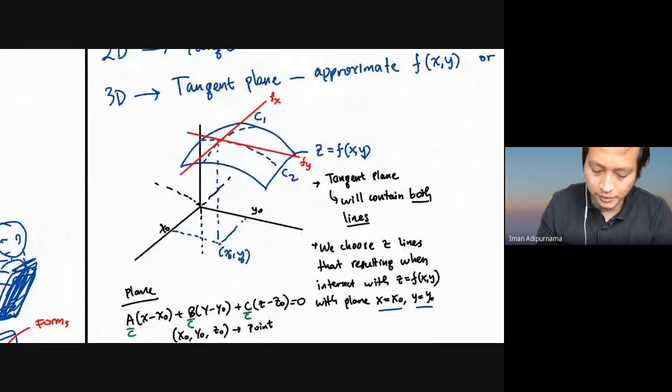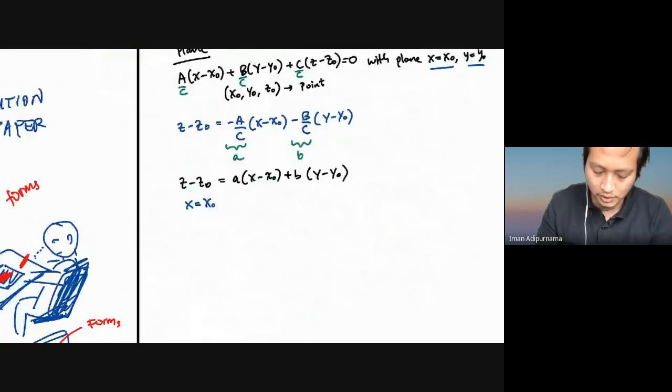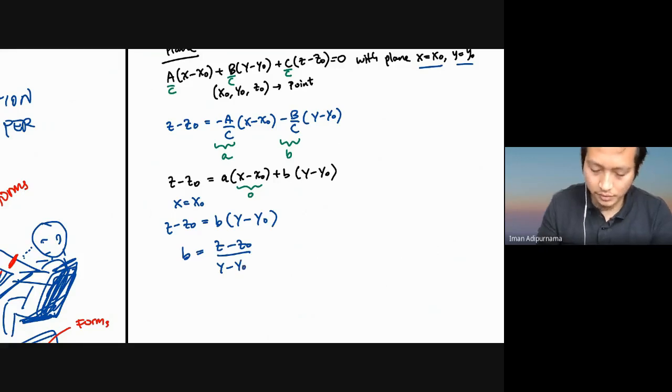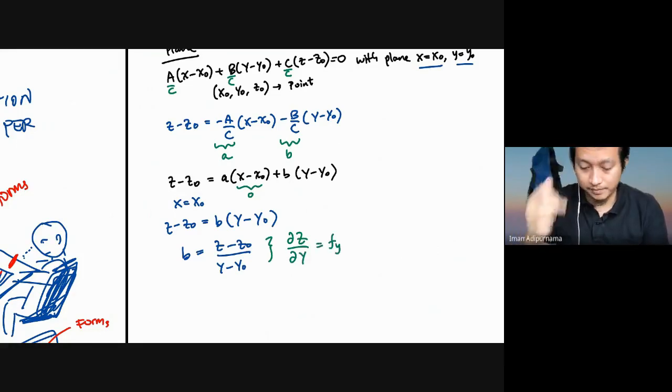I already gave you the answer actually. This is partial x and partial y. So let's just write down here. When x is equal to x0, this whole thing would become 0, right? So it will be b, and we can say that b is, if you remember, practically partial y, okay?